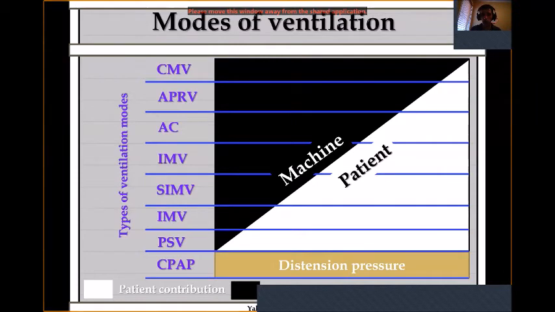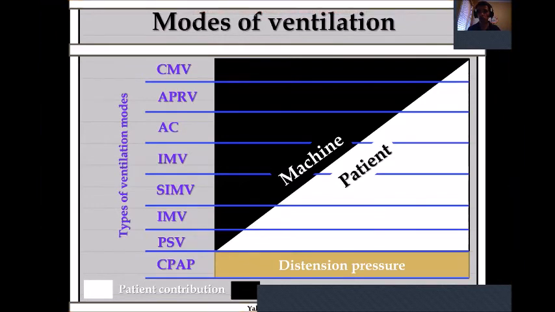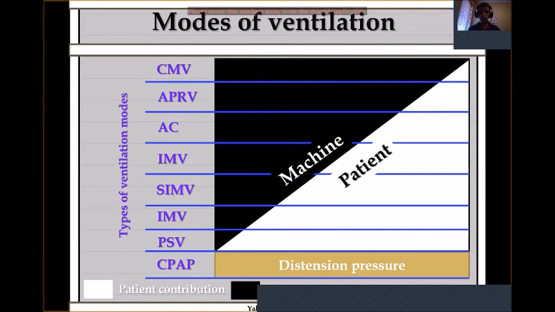PSV: everything is provided by the patient. You are just giving pressure support, what we call pressure support ventilation. You're giving PEEP and you're giving PIP, and the rest is by the patient. The inspiratory time, the volume, the duration are all patient derived. So most of the action of PSV is by the patient, little by the machine.